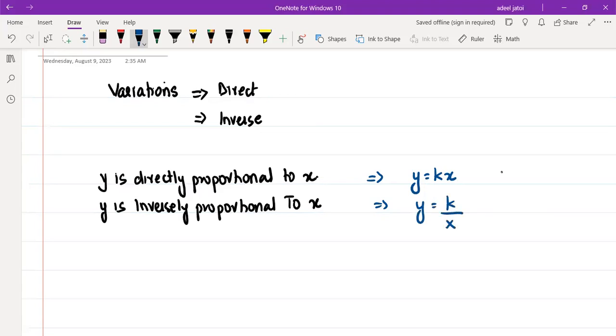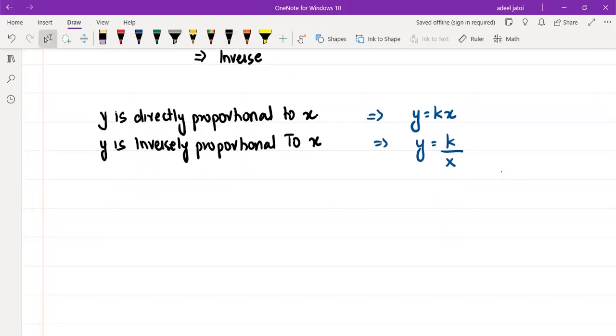So when it says directly, there is a constant with a number that we will be finding out, which is known as k, and it will be multiplied by x. Whereas if it's inversely, we will have to divide it, k is divided by x.